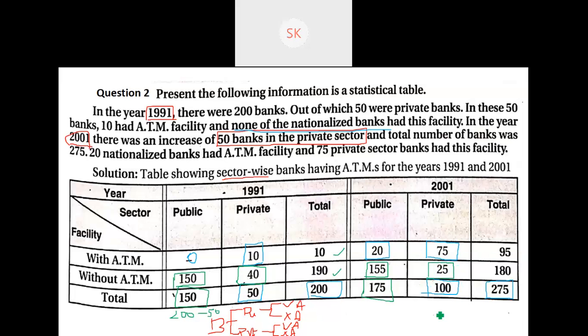So this again we calculated. Now if you add both of them, 20 plus 75 is 95, 155 plus 25 is 180, 175 plus 100 is 275, which we already calculated. So this is your next question when it comes to tabulation of data. Any doubts in this question? Everybody understood?